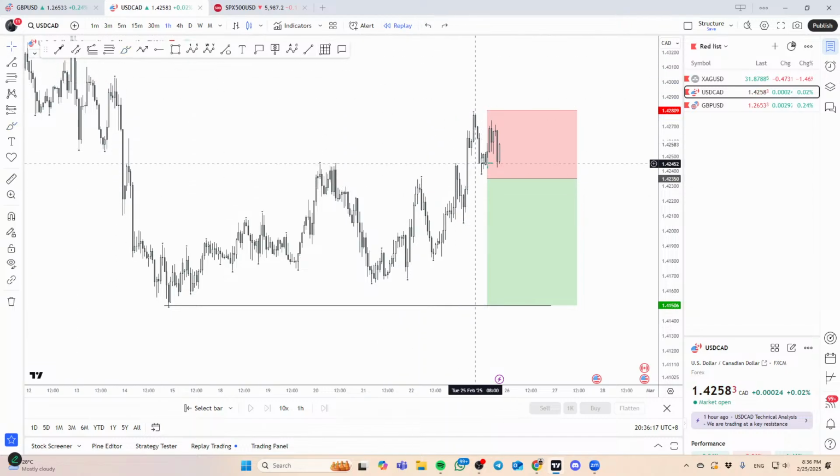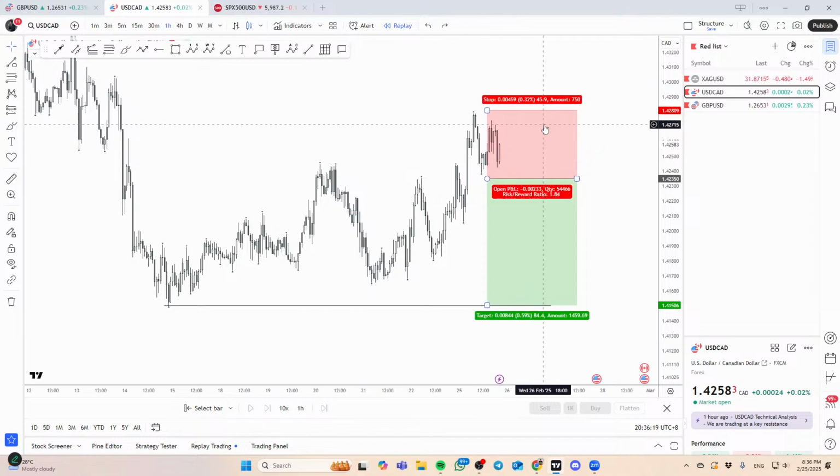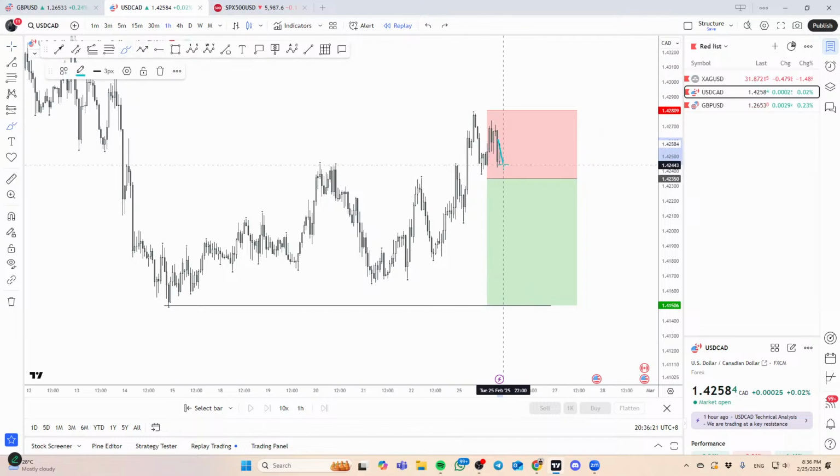So visualize a little bit, do a little bit of scenario planning. If price decides to take out that high and not really continue higher, but U-turn and come back down, what would be the setup that is developing? It is turning into a classic SMC setup, where we have high taken out, price came back.